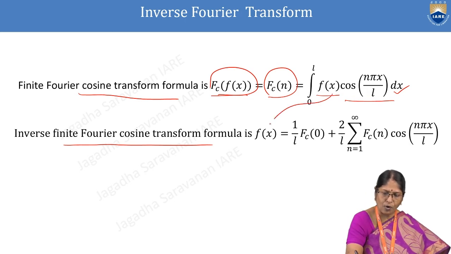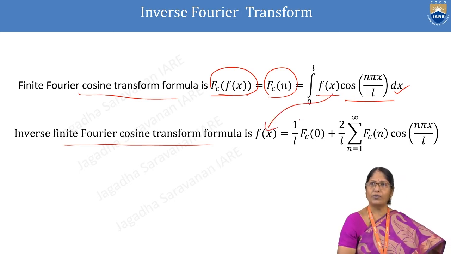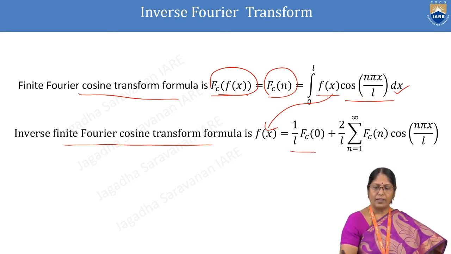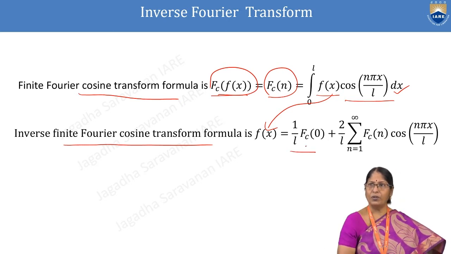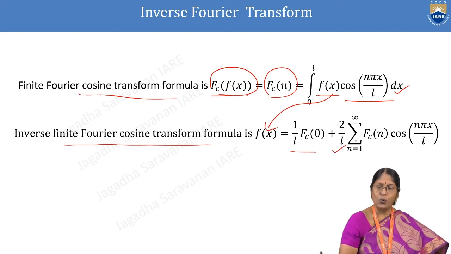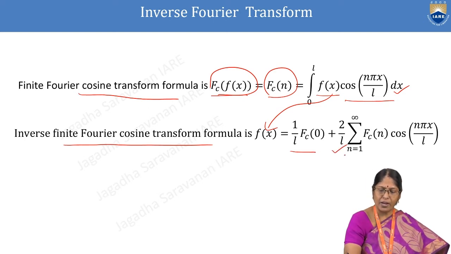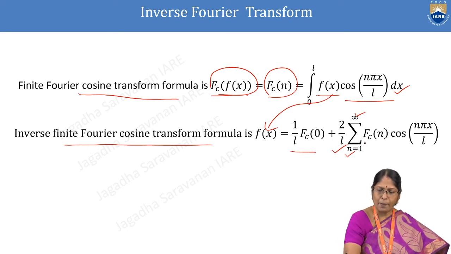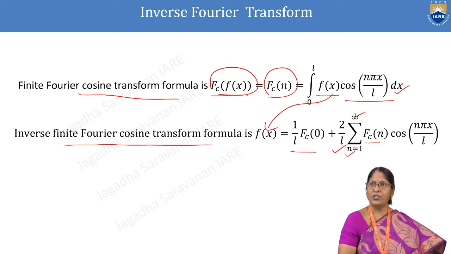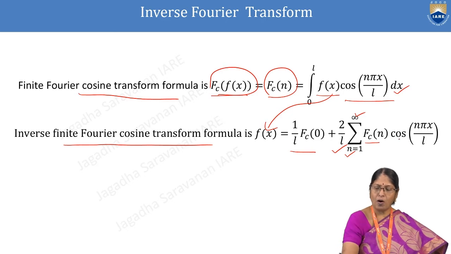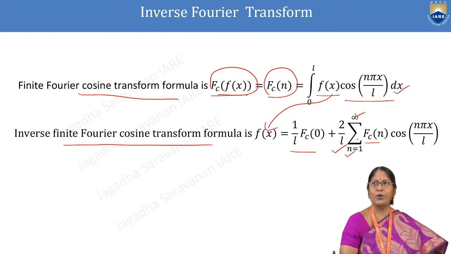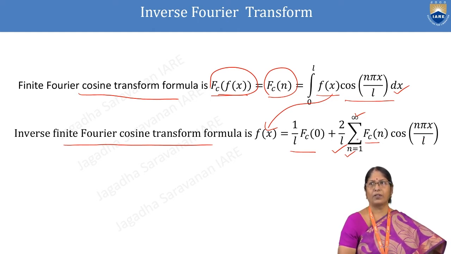So, this f of x comes out as 1 by L capital F c of 0 plus 2 by L summation n equal to 1 to infinity of capital F c of n multiplied by cos of n pi x by L. N takes the value from 1 to infinity.